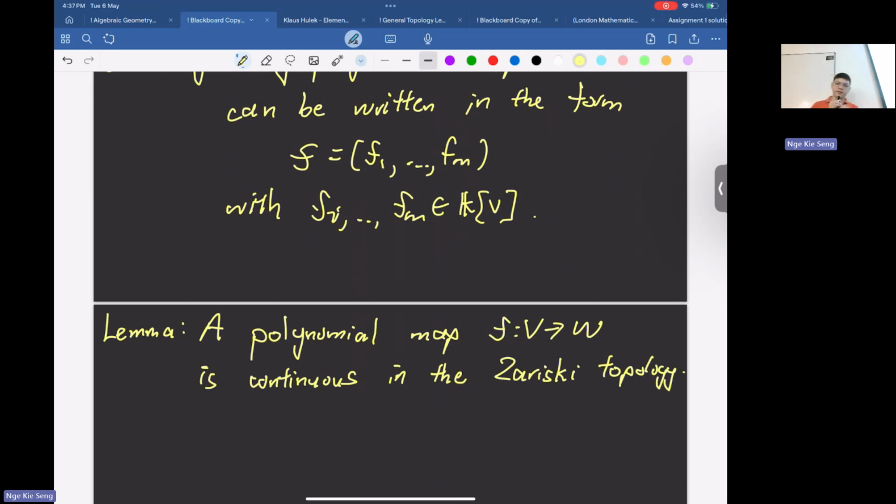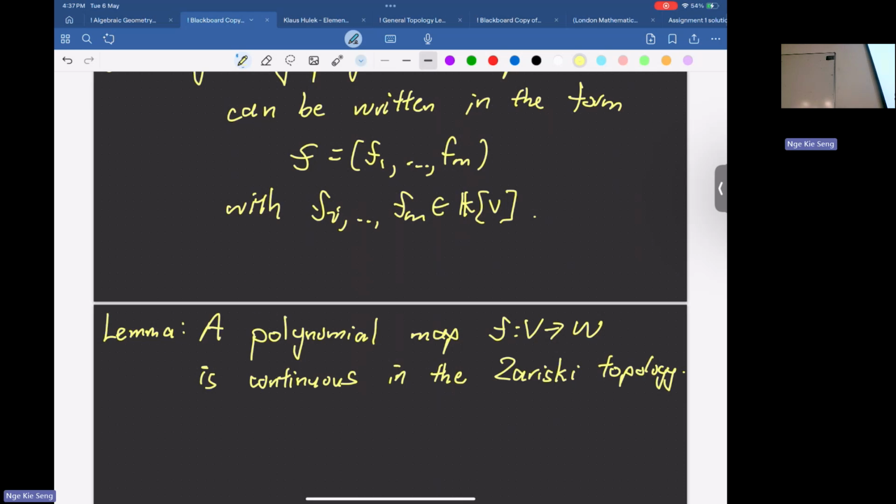But what we're going to use here is, if a subset of your codomain is closed, then the inverse image of this subset is also closed, then f is continuous. Meaning if the inverse image of a closed set is closed, then this function is continuous.